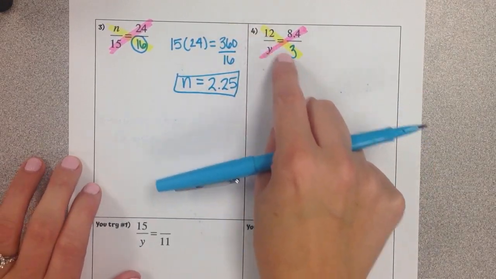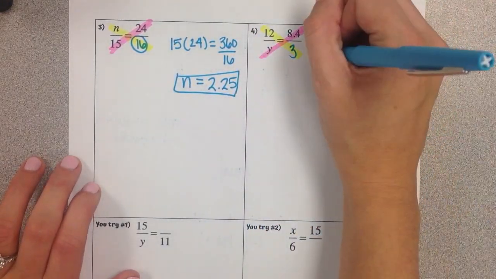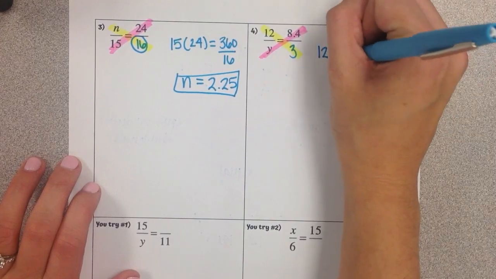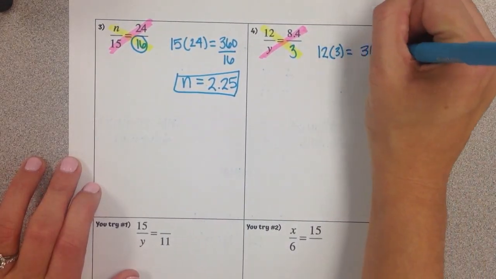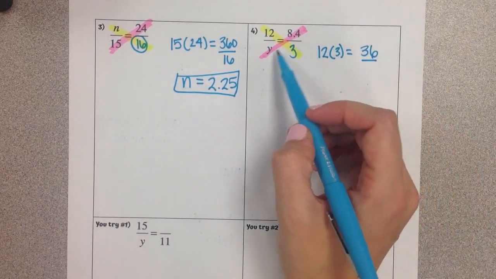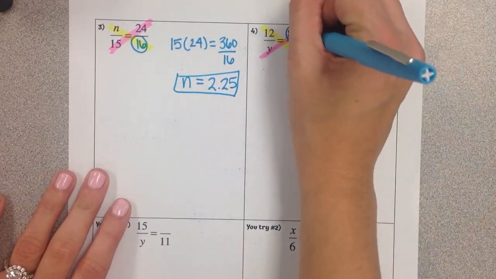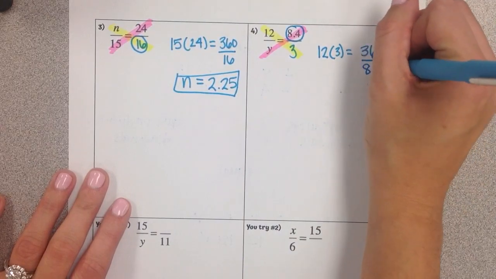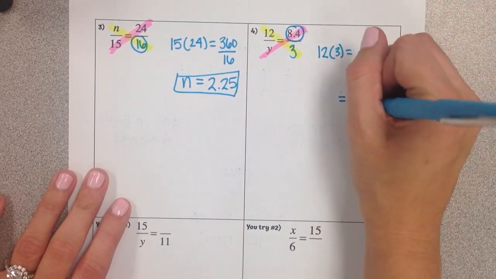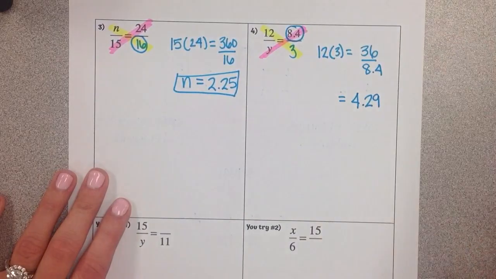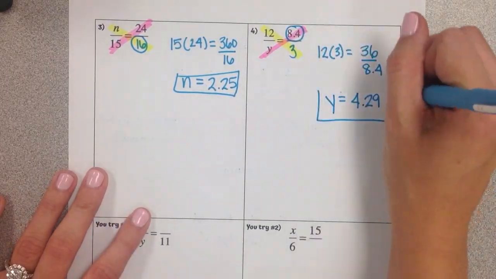So the diagonal that has 2 numbers is our yellow diagonal here. So we're doing 12 times 3, which is 36. And we're dividing by the number that's in the same diagonal as the variable. I'm going to circle this. That's 8.4. That gives us 4.29. So the value of y is 4.29.